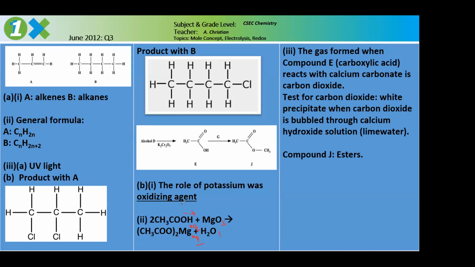That's how this is formed if it should split up into its ions. For magnesium oxide, this is 2 plus, and this is 2 minus. That's how it is formed.